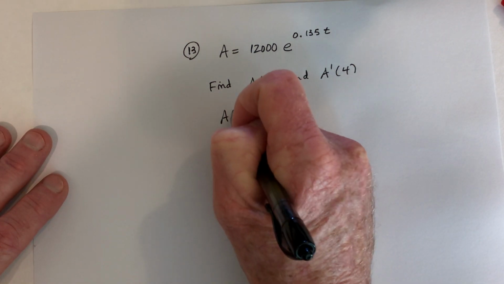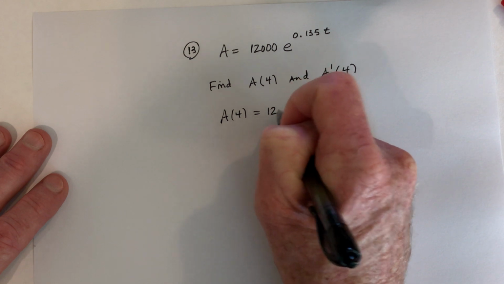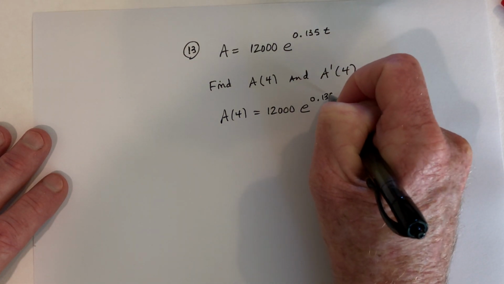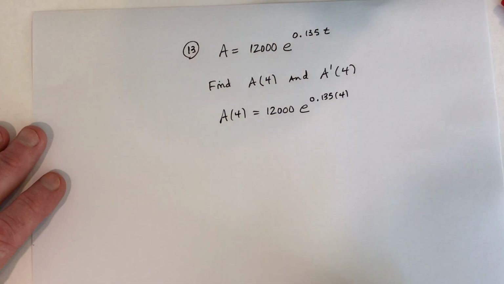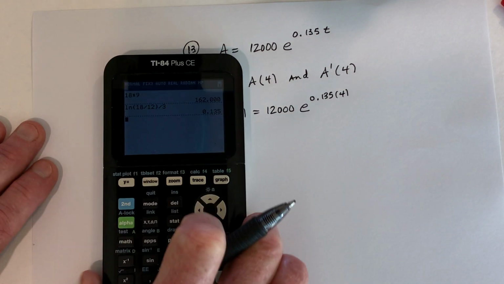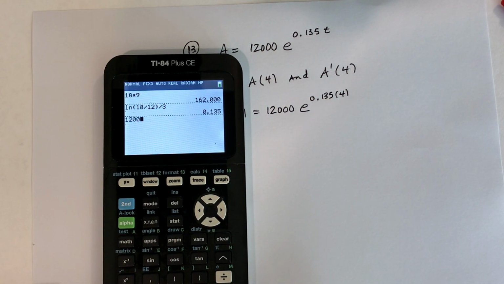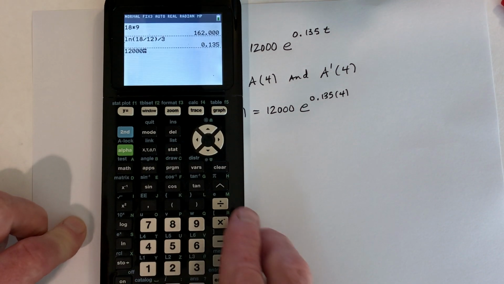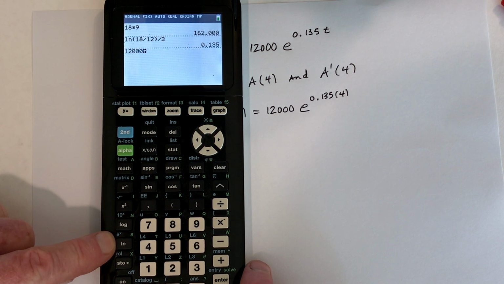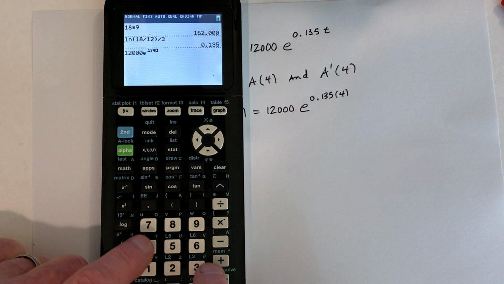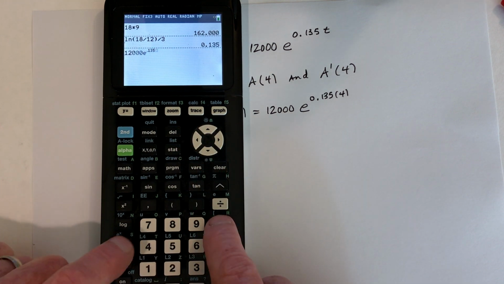So find the function when you plug in a 4 and also the derivative when you plug in a 4. So A of 4 is going to be 12,000 e to the 0.135 times 4. Make sure you use the e over here, so second e, and then 0.135 times 4.